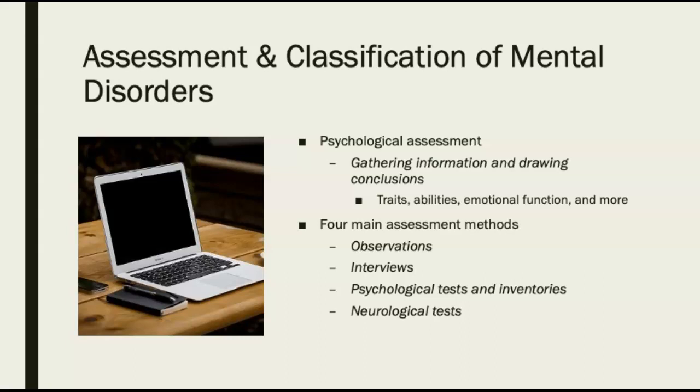And as we talked about in class, assessment is about gathering information and drawing conclusions from that information. There are four main assessment methods: observations, interviews, psychological tests and inventories, and neurological tests. We're going to talk briefly about all of those assessment methods in this lecture, and your text does dive deeper into each of those.